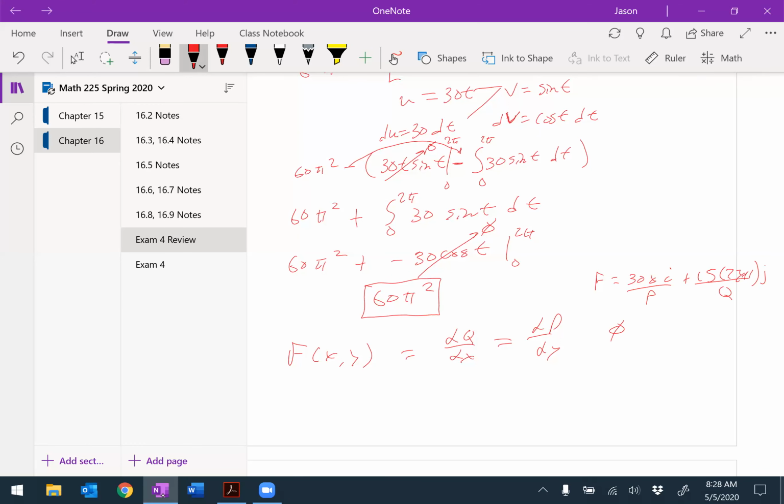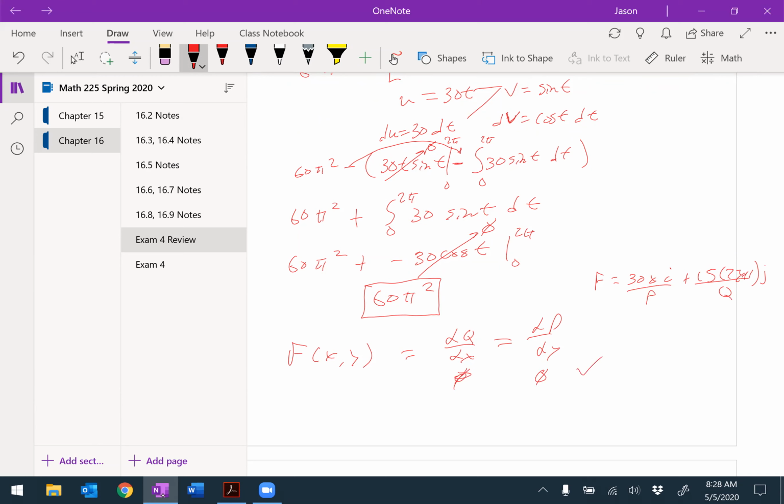Boom, 0. And if you take p with respect to y, there's only x's there, and so you get 0. So is this conservative? Yes, it's conservative.